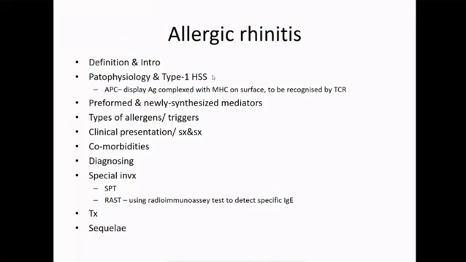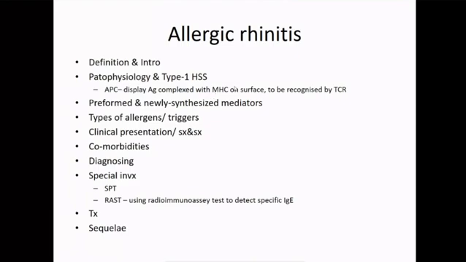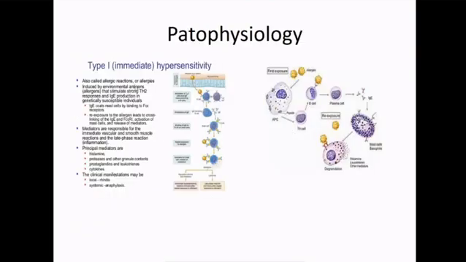It is mediated by what we call type 1 hypersensitivity, or anaphylactic type, or immediate type of hypersensitivity. In this hypersensitivity, you must go back to your immunology class. This is the pathophysiology of type 1 hypersensitivity.